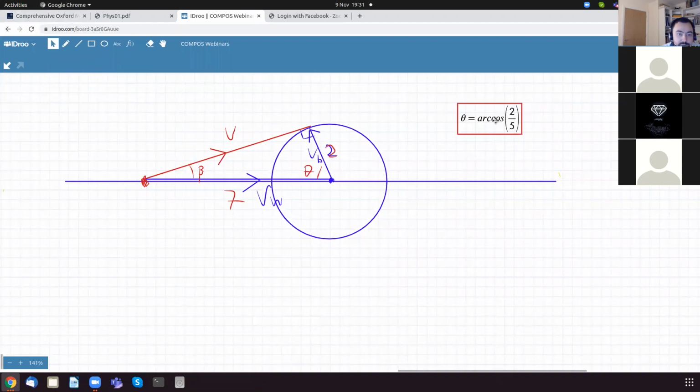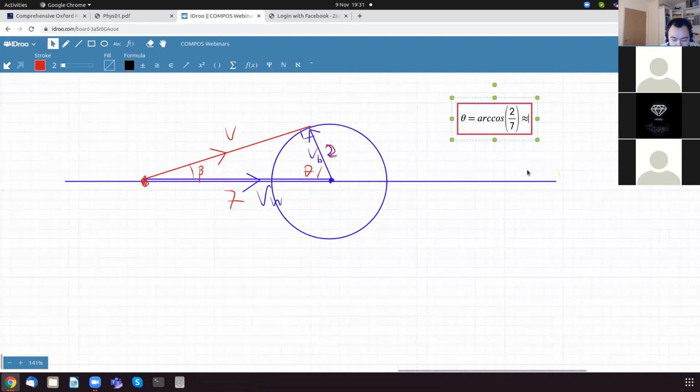So arc cos 2/7. And that is approximately 73.3 degrees.